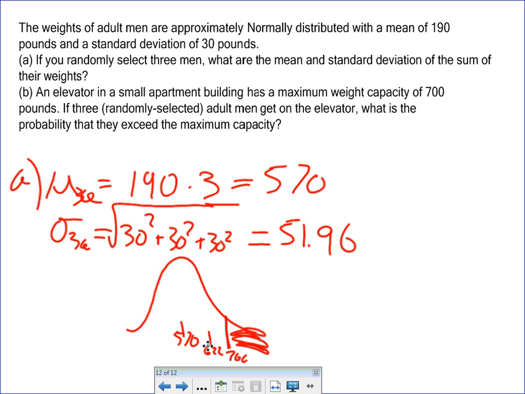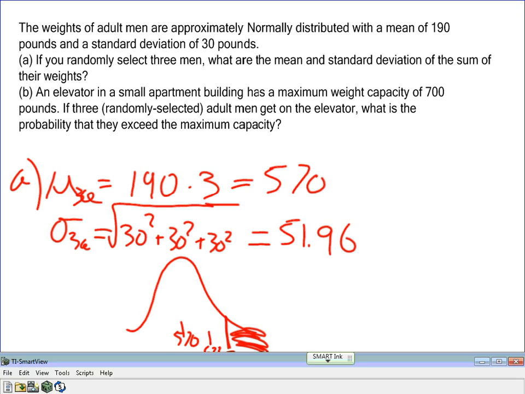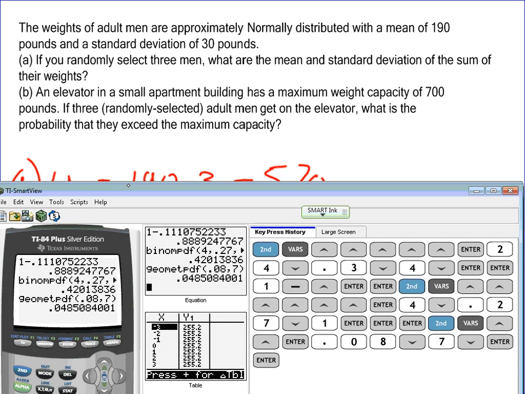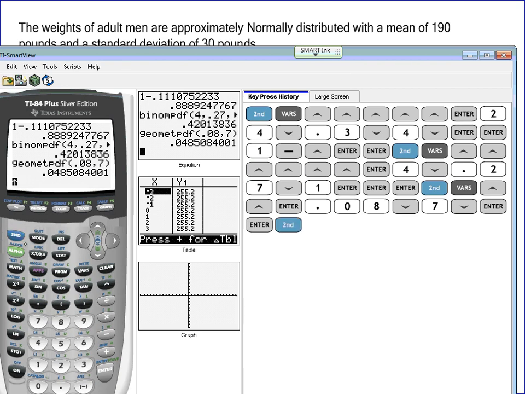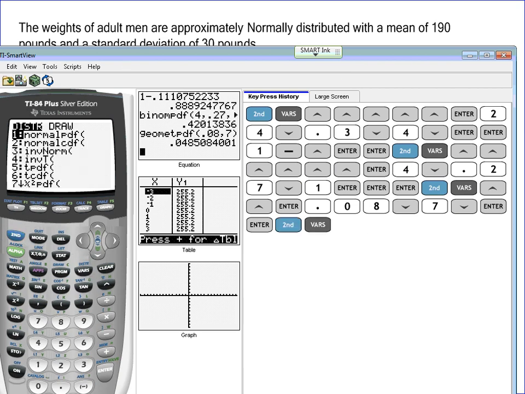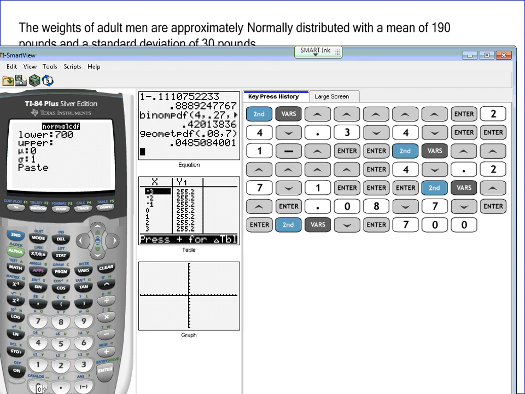And so what we would do is we would call up our calculator here. Oh, my calculator's way down here. And we would do second distribution normal CDF. Lower limit is 700. Upper limit's infinity.